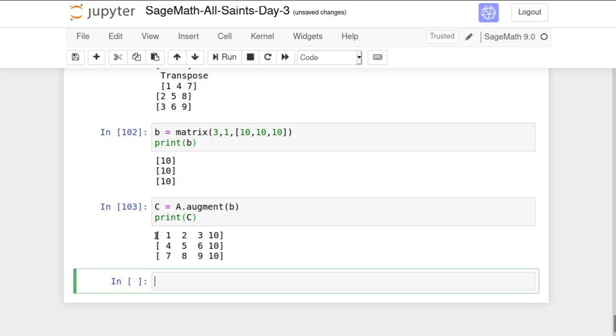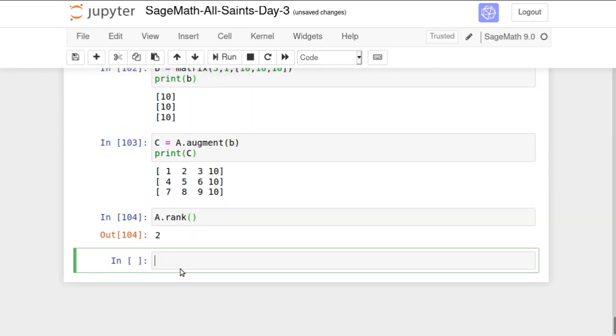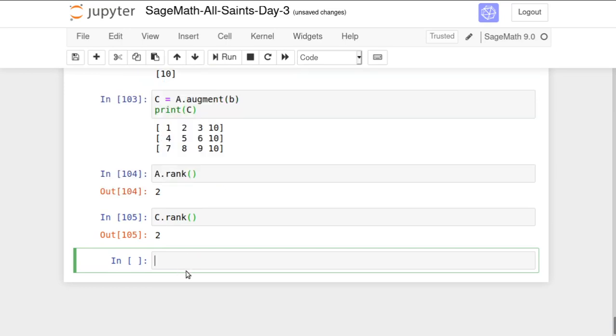Now, if we have a system of equations to solve, we know that the system is going to be consistent provided that the rank of the original matrix is equal to the rank of the augmented matrix. But in this case, we need to find the rank of matrices. For finding the rank of a matrix in Sage, we use the rank command. A dot rank equal to 2, C dot rank, which is the augmented matrix, equal to 2.